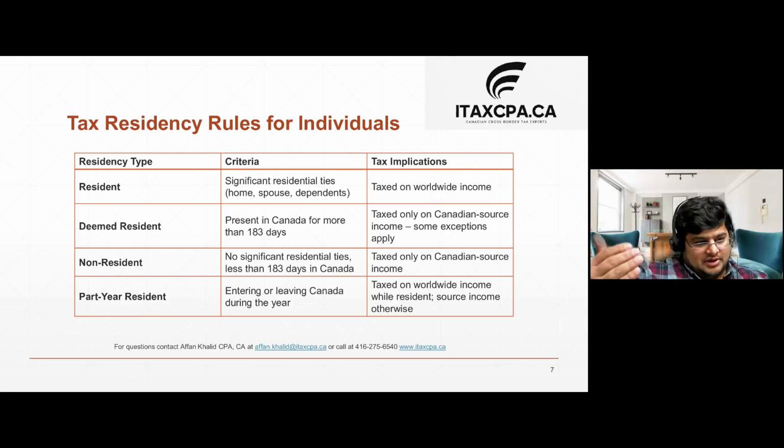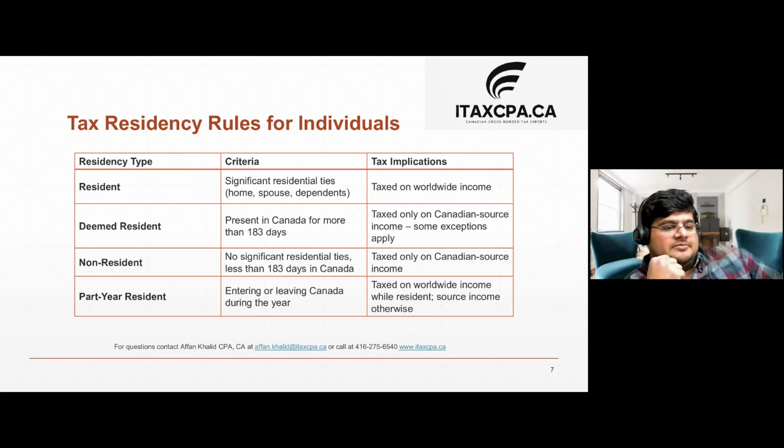And then the employer must issue a T4 slip, which is similar to W2, and the employee must file their Canadian tax return, get a temporary SIN or tax identification number, which we call ITN, and has to pay tax in Canada first, and then in the US, when the individual files their regular tax return 1040, they should be able to claim a foreign tax credit for any Canadian taxes paid.